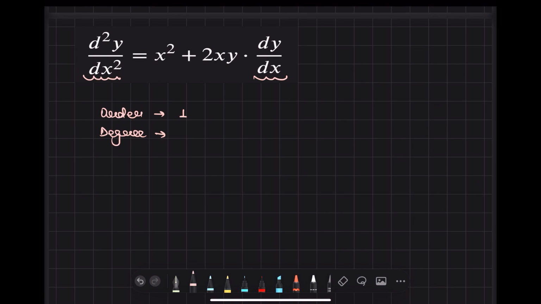What is the power of the highest differential? 1. Sorry, order is 2, because twice you have differentiated. So order is 2, degree is 1. I hope things are clear.